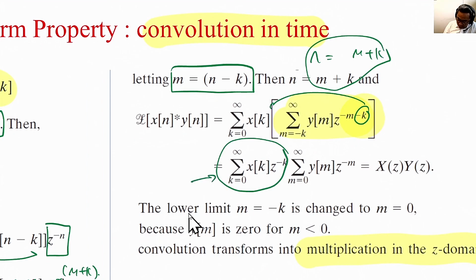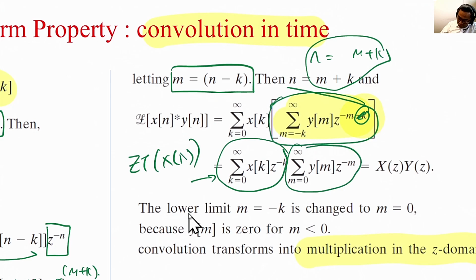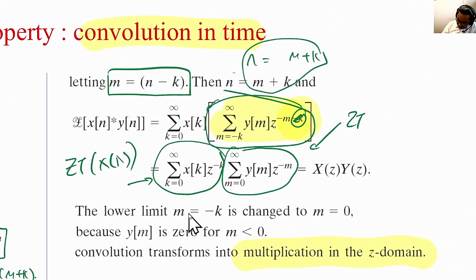So this is exactly the Z transform of x[n]. What about the other one? Because we have moved the z^(-k) out, this looks like the Z transform of y[n]. You might be wondering about the index that starts from m equals minus k.